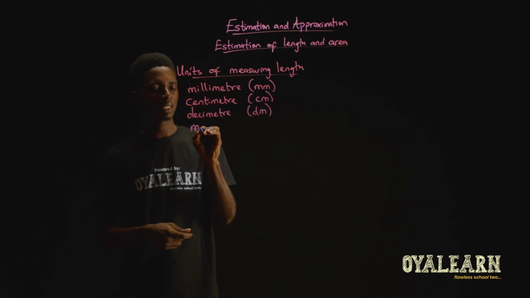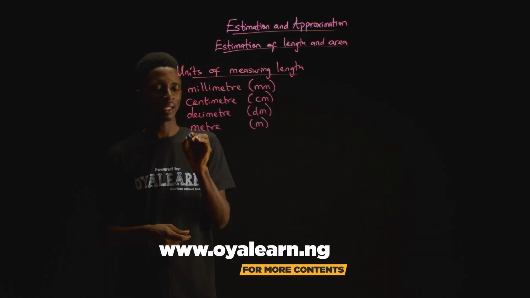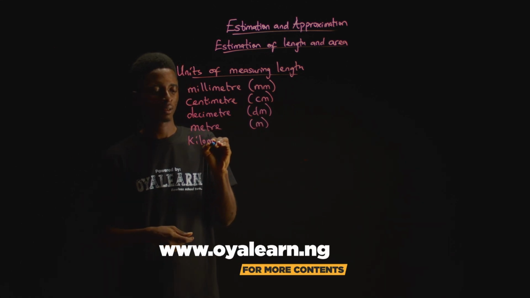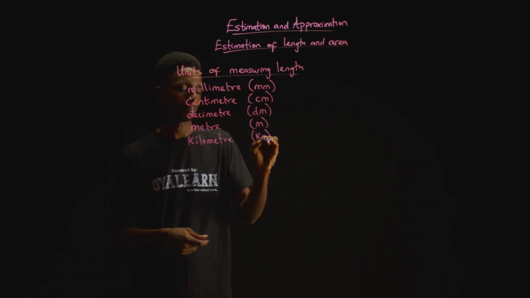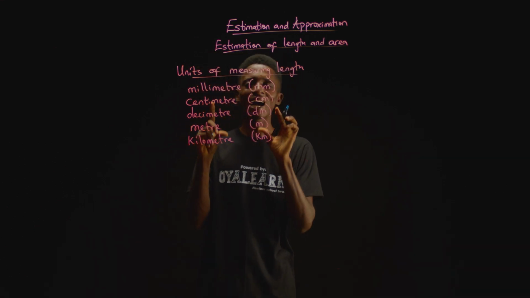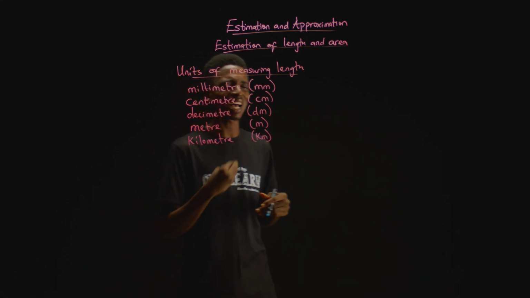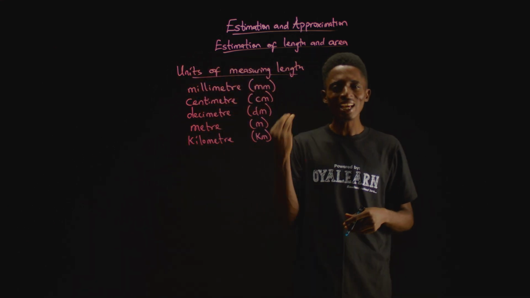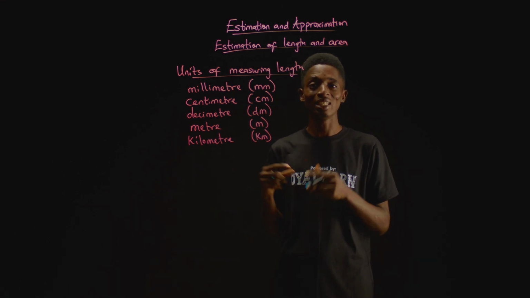Then we have meter, written as m, and then the kilometer, written as km. Now, when you know objects that have this kind of measured value, you can use that as a basis to guess the actual length of another object that you do not know its length.